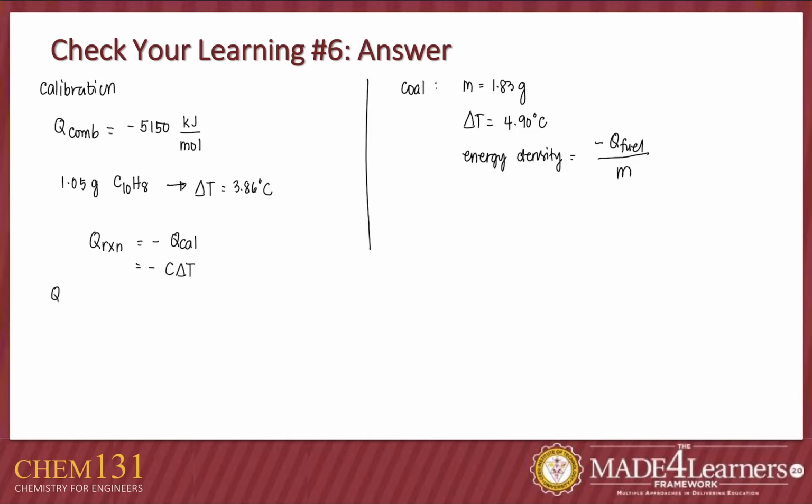So, to solve for Q reaction, we need to solve the molar mass first. We have 10 carbon plus 8 hydrogen.